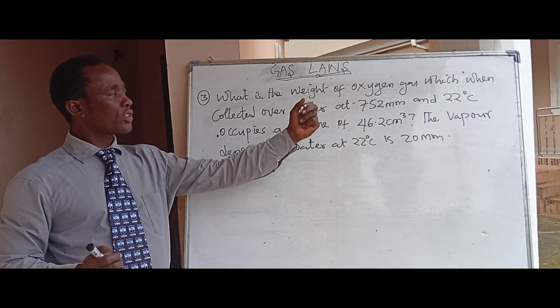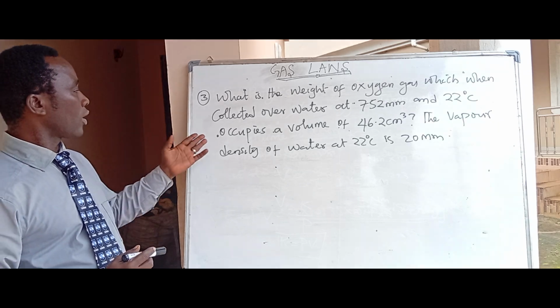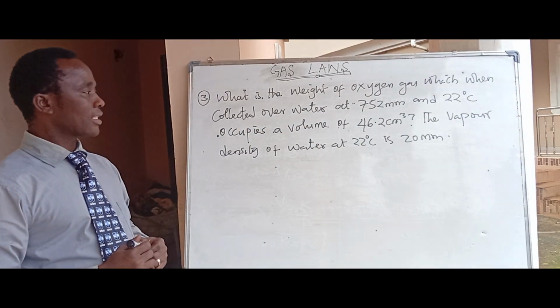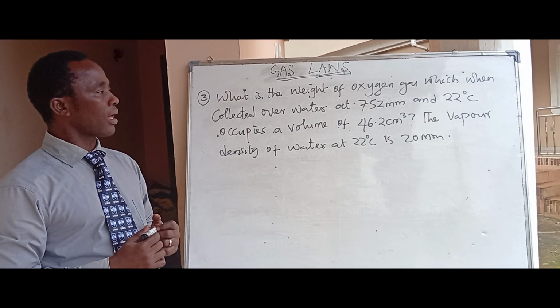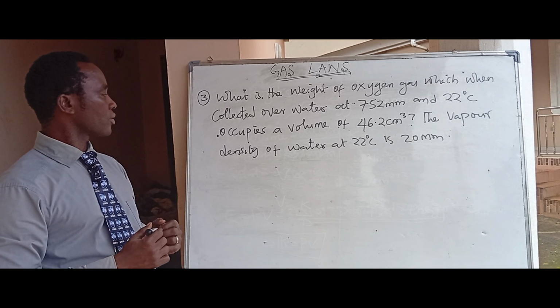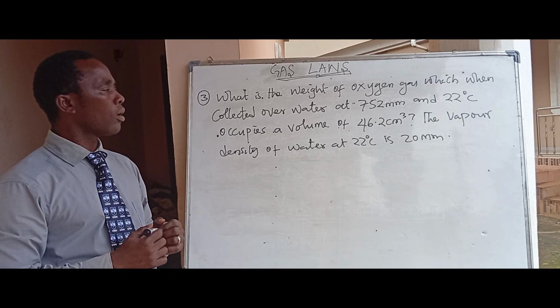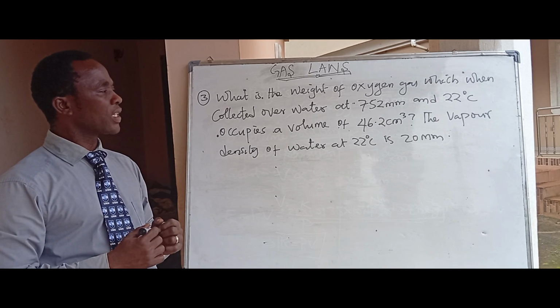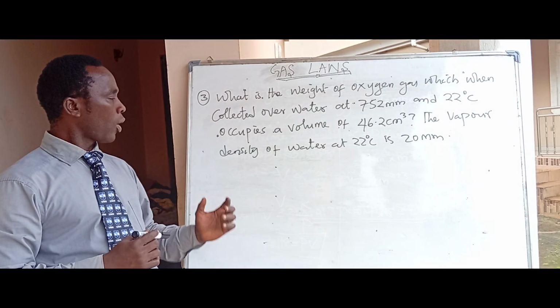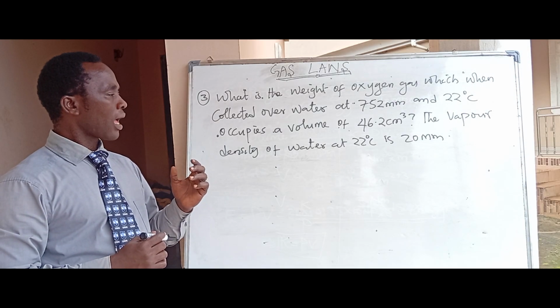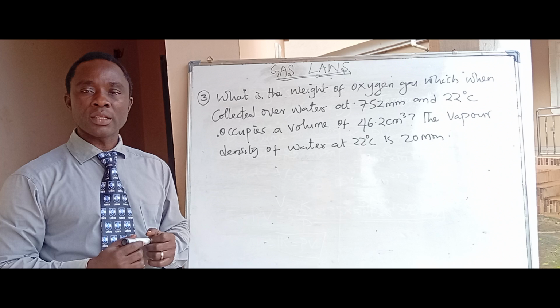What is the weight of oxygen gas which when collected over water at 752 millimeters and 22 degrees Celsius occupies a volume of 46.2 centimeter cube? The vapor pressure of water at 22 degrees Celsius is 20 millimeters.